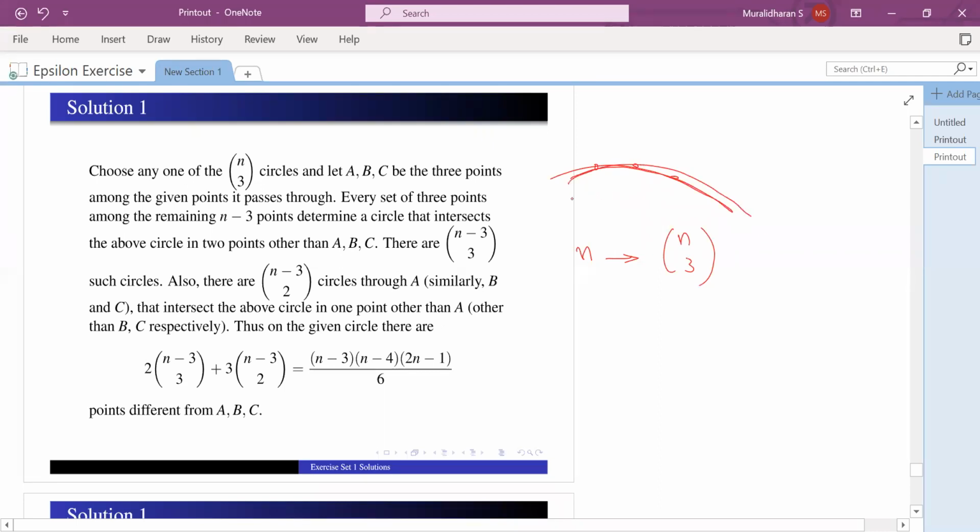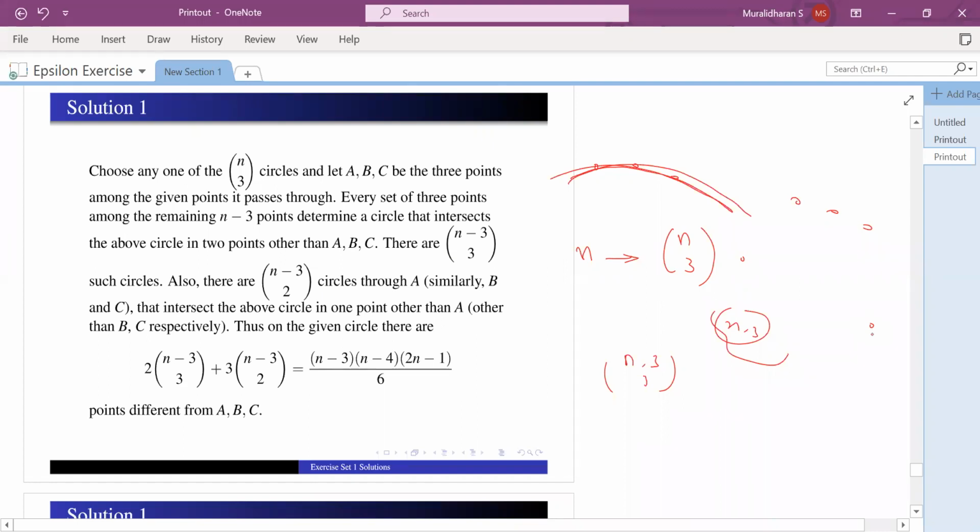Every set of 3 points among the remaining n minus 3 points will determine another circle. That will be n minus 3 C3, and then they will intersect in two given points.